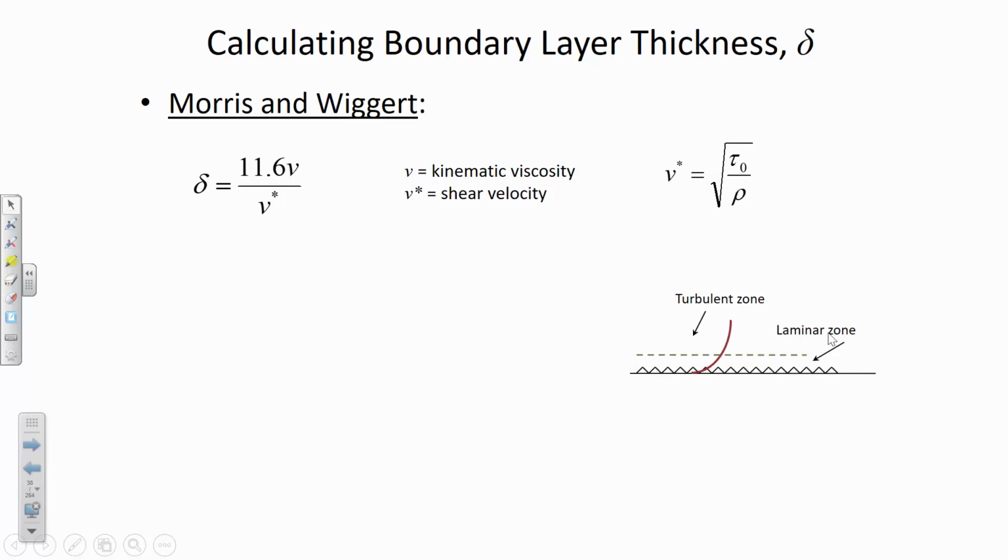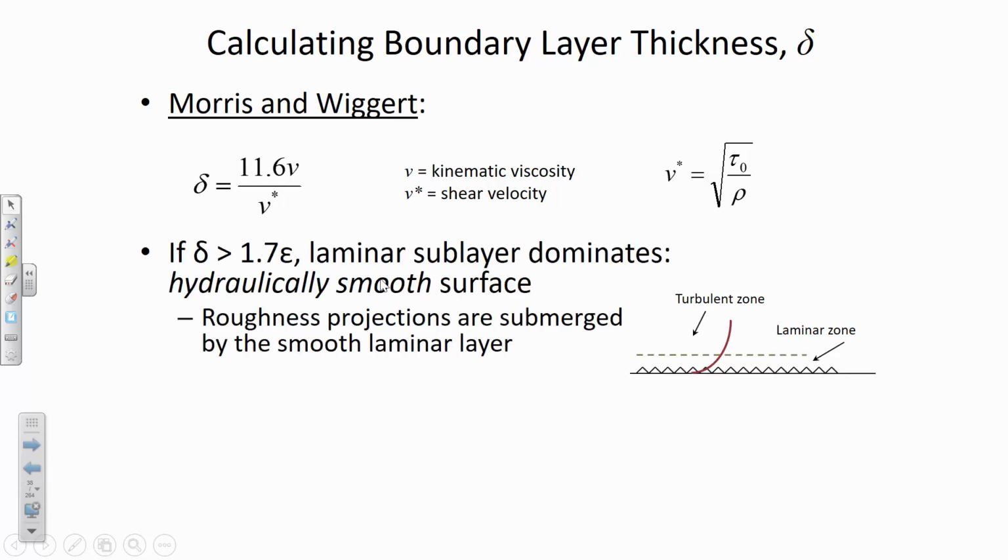And so this little sketch is showing that there can be different effects. If the thickness of the boundary layer fully encloses the roughness heights, then there can be one flow condition, and we'd call that hydraulically smooth.